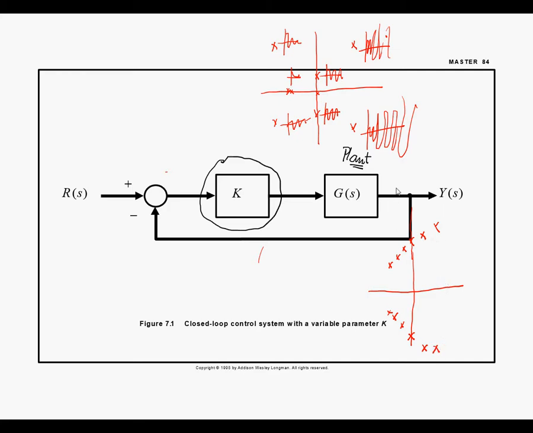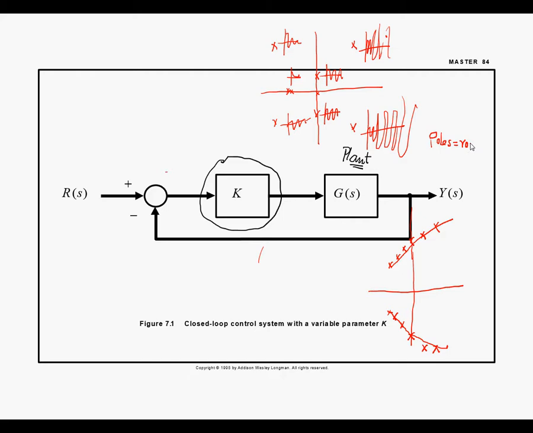And this is what Professor Evans is saying, that if we give values for k and then we plot the locus of the points like this, as you know, the poles of the transfer function are called the roots.